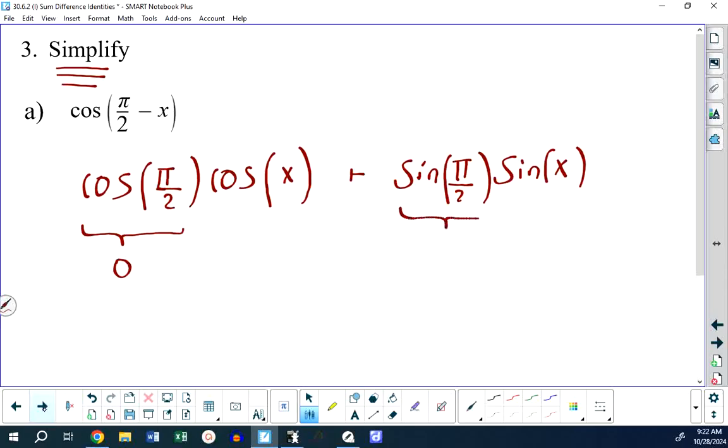Sine of pi over 2 is 1. So this is equal to sine of x, because we have 0 times cosine of x plus 1 times sine of x, but 0 times cosine is 0.